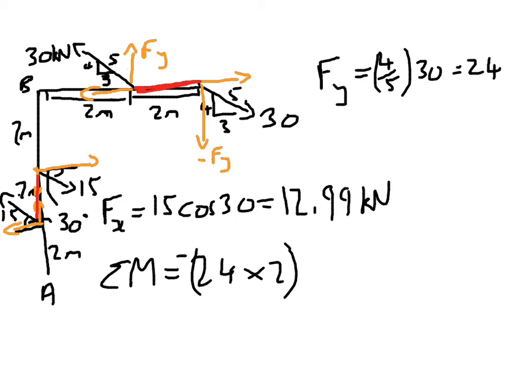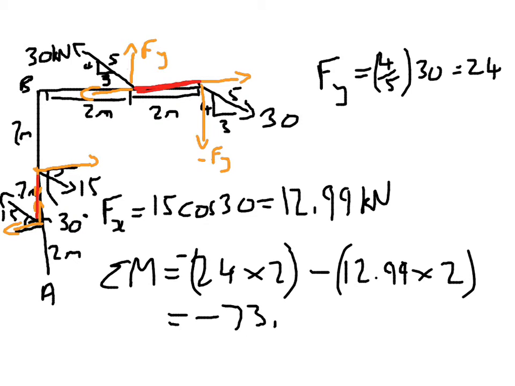And our other pair of forces are also going to try and turn clockwise, so we put a minus sign there, and it's going to be 12.99 times 2, because it's 2 meters between those as well. So the sum of our moments is going to be minus 73.98 kilonewton meters, or you could say 73.98 kilonewton meters clockwise. So that's how you solve the first group problem solving exercise on couples.